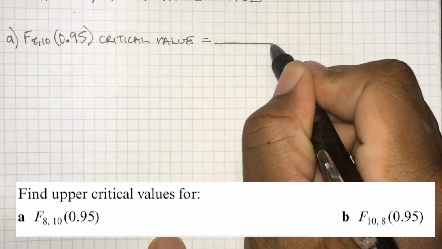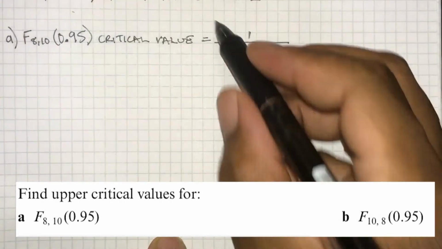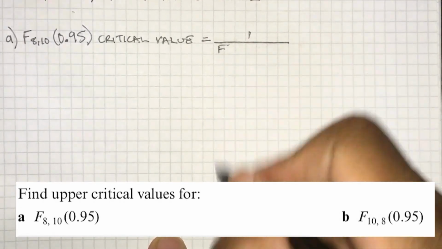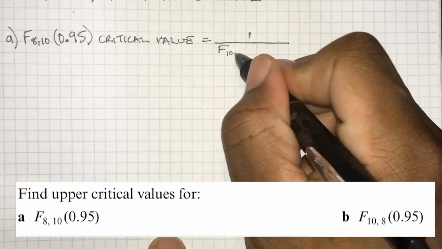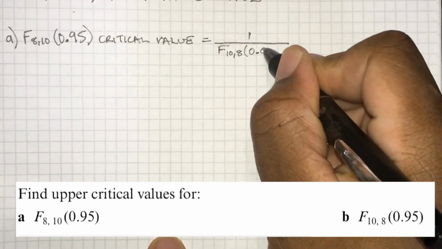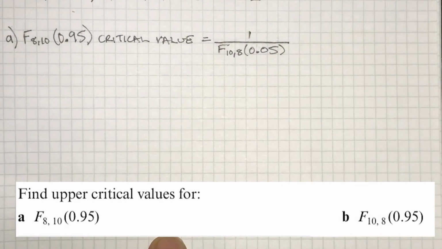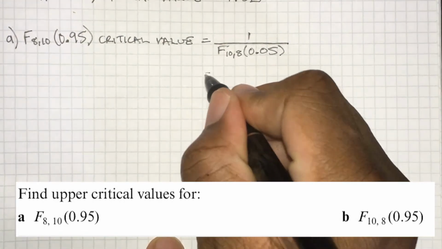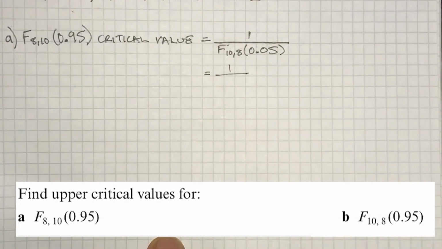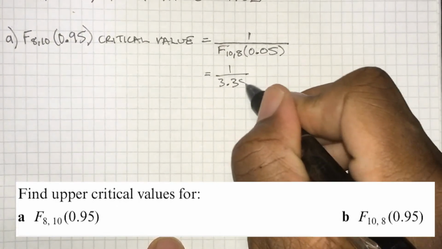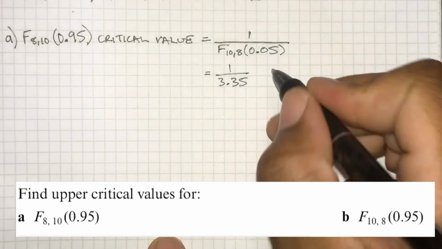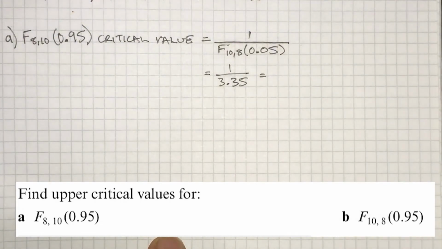So that'll be F10, 8, and the complement of this probability, so a probability of 5%. So I've done my 3 reversals. This I can find in the tables. I'm going to get 1 over 3.35. And the answer for that is 0.2985.